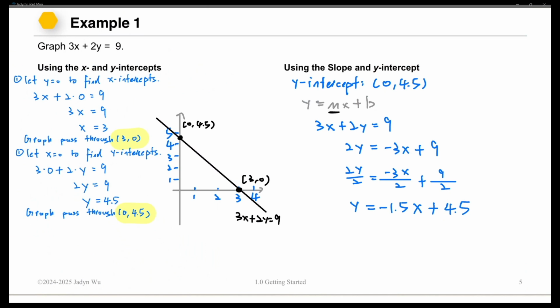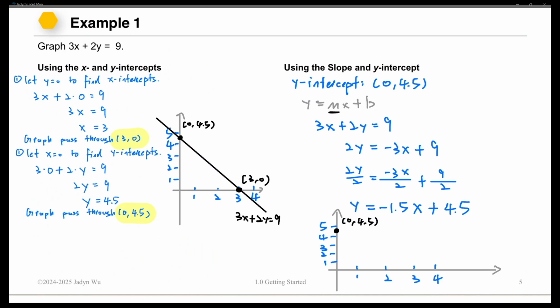So on the graph, we first need to find the y-intercept. So let's label the scales first. Firstly, we need to find our y-intercept, which is 0, 4.5 here.